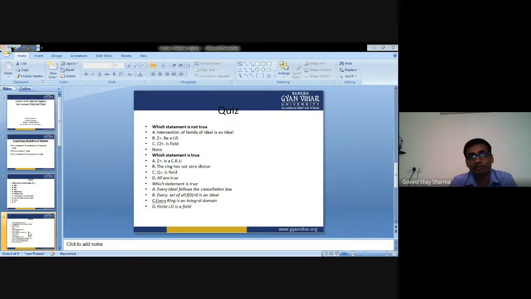Intersection of a family of ideals is an ideal, this is right. Z2, with elements 0 and 1, is a field because every nonzero element has an inverse. So this is a field also. And none, all are true. So none is, I think, wrong.